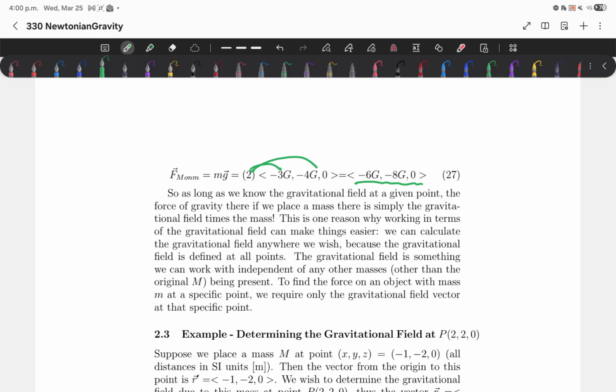Okay, so if we know the gravitational field at a given point, the force of gravity there is basically the same as if we place a mass there times that gravitational field. Right? So you can work with the gravitational field independent of any masses that are present, just like for the electric field.